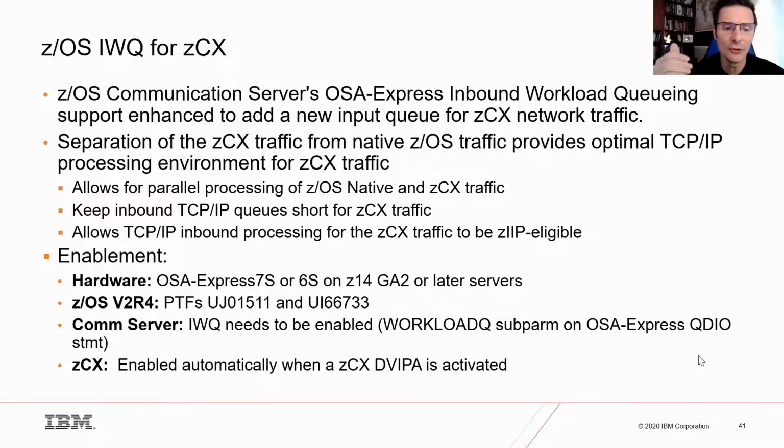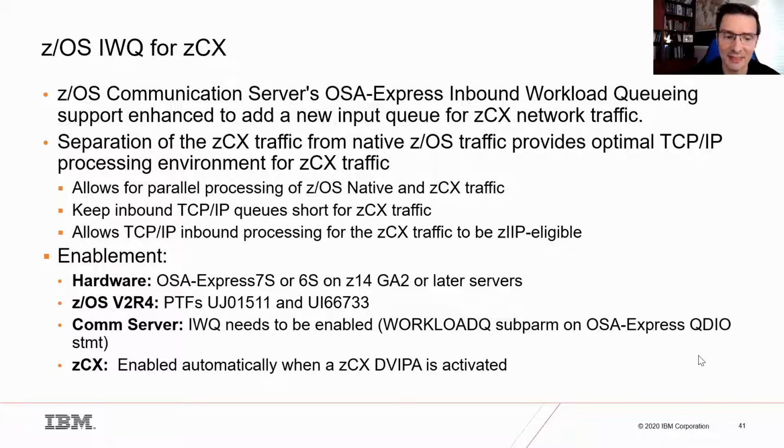It can keep inbound TCP/IP queues very short for that zCX traffic. And then lastly, because you have that segregated traffic, that TCP/IP inbound processing that is for that zCX traffic is zIIP eligible now. And so now you're able to run that without affecting your 4-hour rolling average in terms of the TCP/IP processing for that zCX traffic.